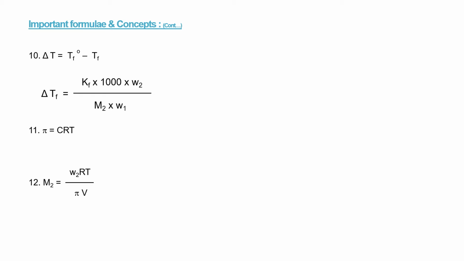So when you rearrange this, if you have to find out the molar mass of your solute with osmotic pressure as a colligative property, you can rearrange the formula and you get M2 is equal to W2 into RT upon pi into V.